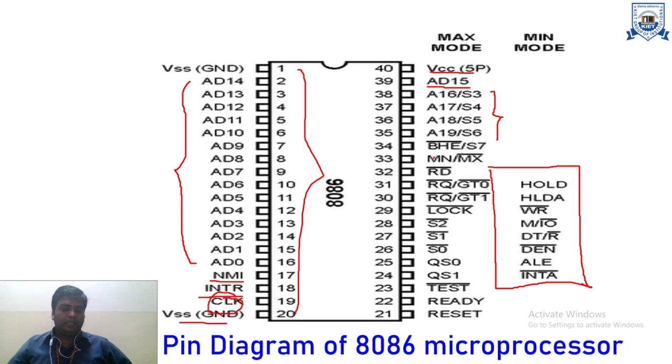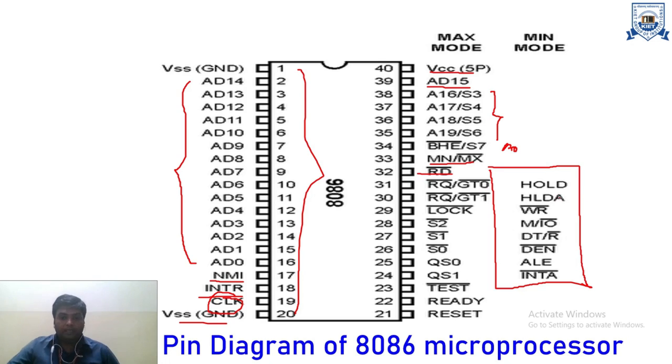BHE complement tells whether the upper half portion is active or not. It is always used in conjunction with A0, similar to maximum mode functioning. MN/MX complement is used to select minimum mode or maximum mode. Then RD complement is for performing read operations.